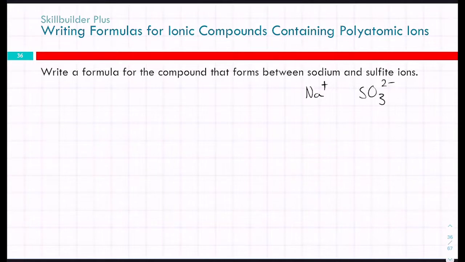So if we want to balance these, again, when I look at this, I see that sodium's charge is positive 1, sulfite's charge is minus 2, so I'm going to need 2 sodiums to balance the charge on the sulfite. So we would get Na2SO3.